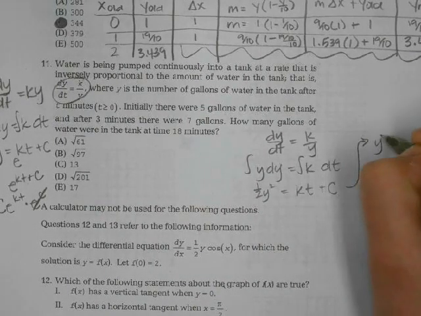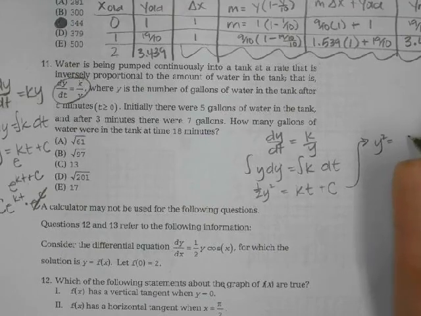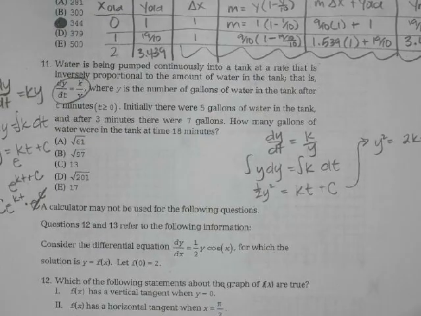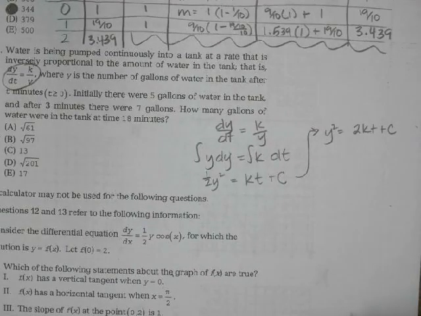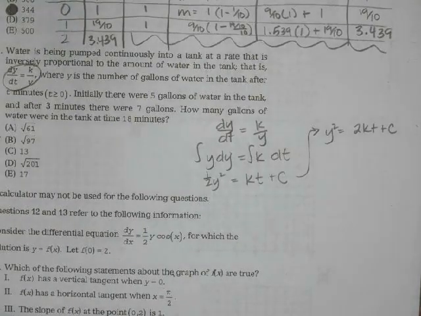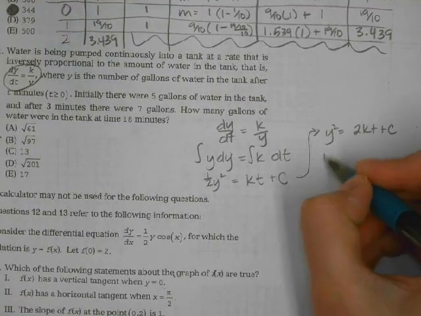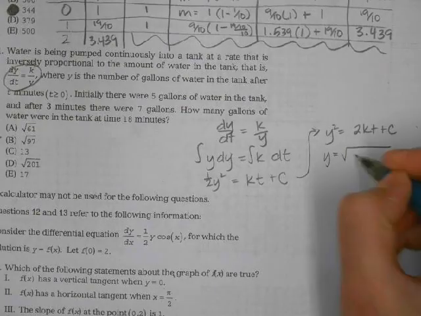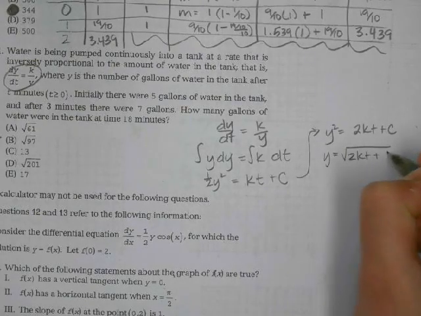So I got y squared equals 2kt plus c. And so y equals the square root of 2kt plus c.